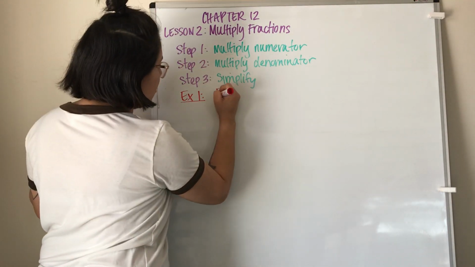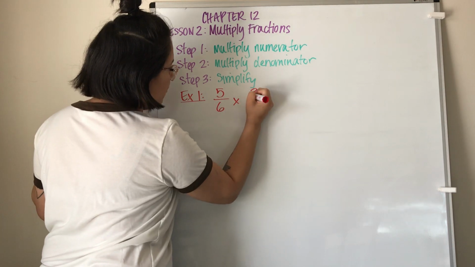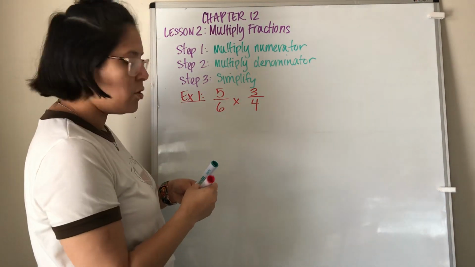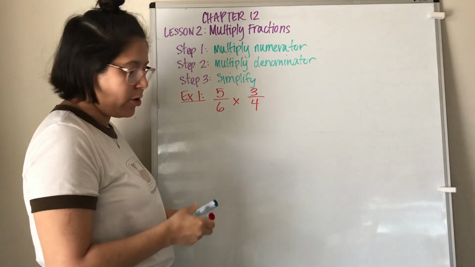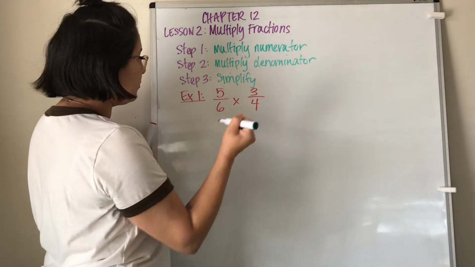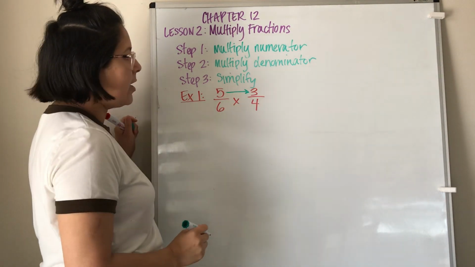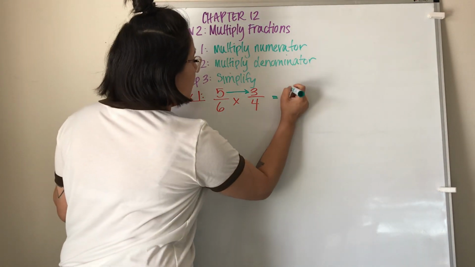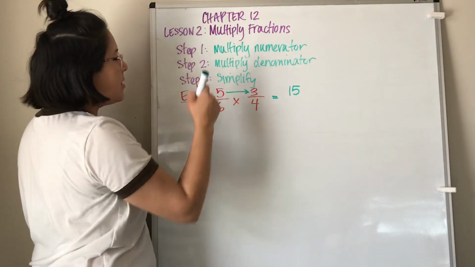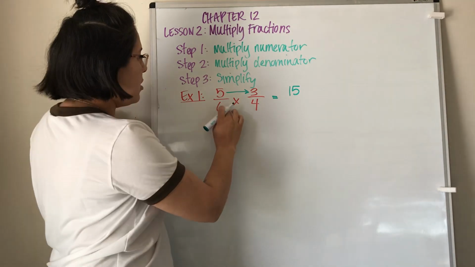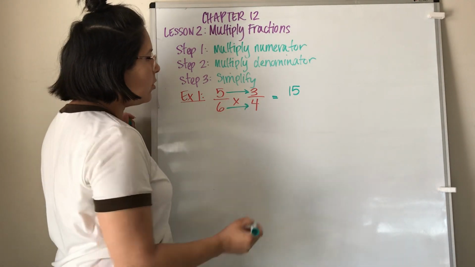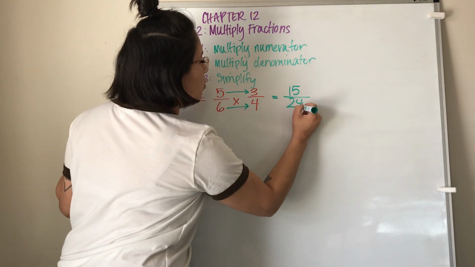5/6 times 3/4. Okay, so step 1 says multiply the numerators. What's 5 times 3? So we're multiplying those. 5 times 3, 15. Okay, step 2, multiply the denominators. Okay, these ones. 6 times 4, 24.